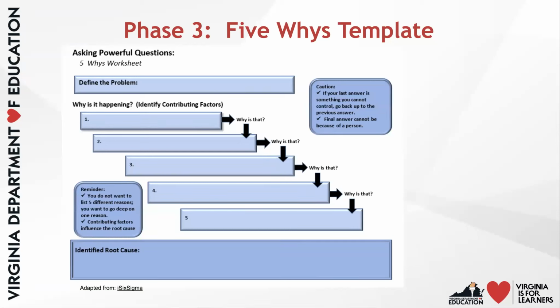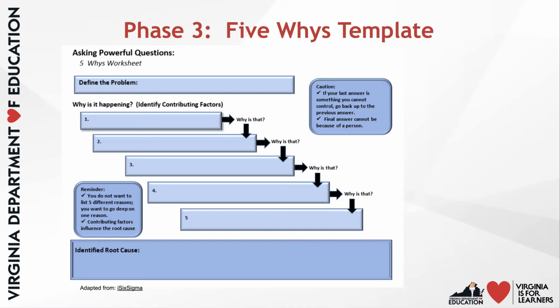Asking the 5 whys allows school improvement teams to move beyond obvious answers and reflect on less obvious explanations or causes. So in using the 5 whys, you're going to state the problem that the school improvement team has identified as a strategic problem to work on.